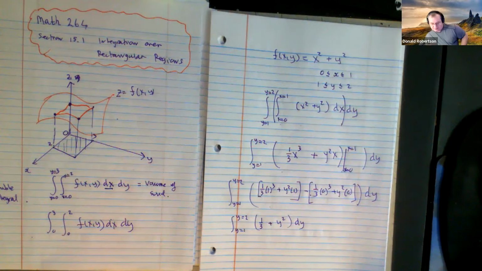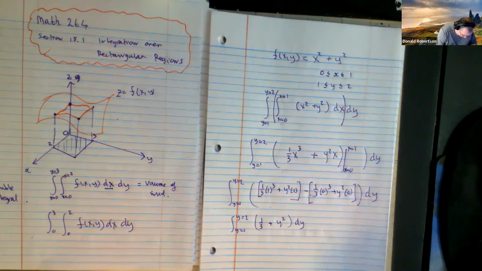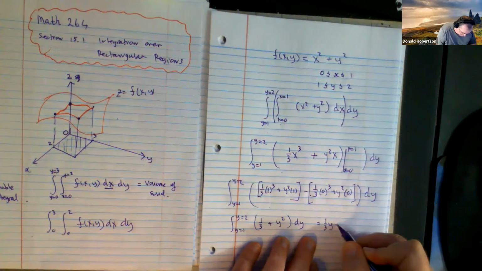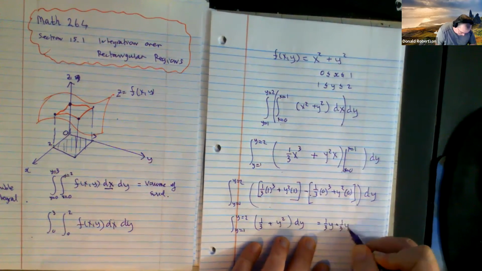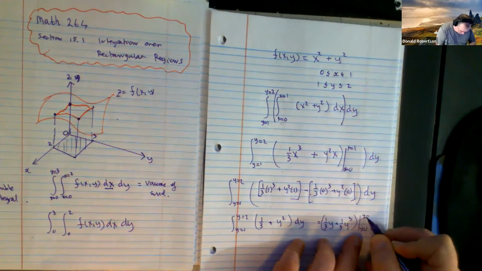Now, the good news is that C wants you to do a double integral, but you've got to the last integral. Aren't you back to Calc 2 world? Aren't you just do what you would always do? Yep. So this is 1/3 y plus 1/3 y cubed, evaluated from y equals 1 to y equals 2.